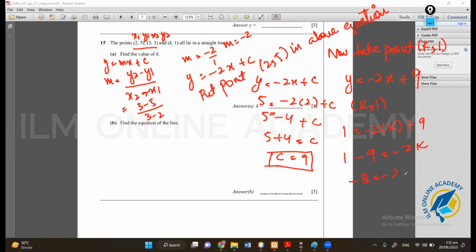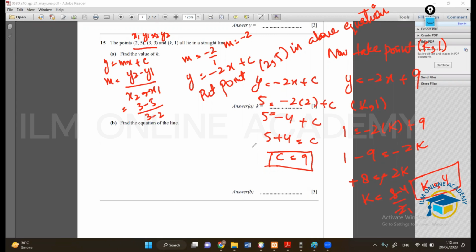Minus 8 equals minus 2k. Minus and minus cancel, and k is 8 over 2. 2 ones are 2, 2 fours are 8. So the answer of k is k equals 4.